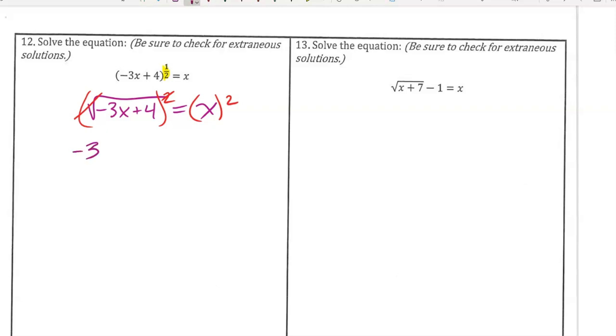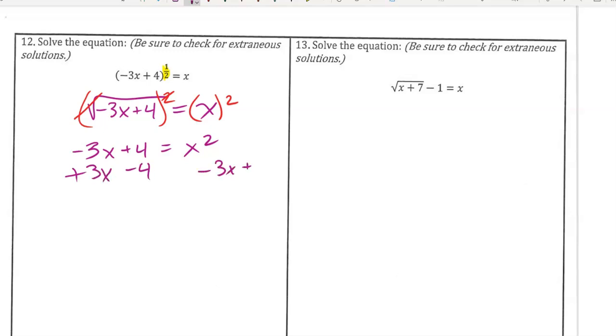And now we have negative 3x plus 4 equals x squared. Right now, you should be noticing that there is an x squared and an x. And when both are present in one equation, we know we're going to have a quadratic equation, which means we need to factor. So let's go ahead and move everything to the x squared side.